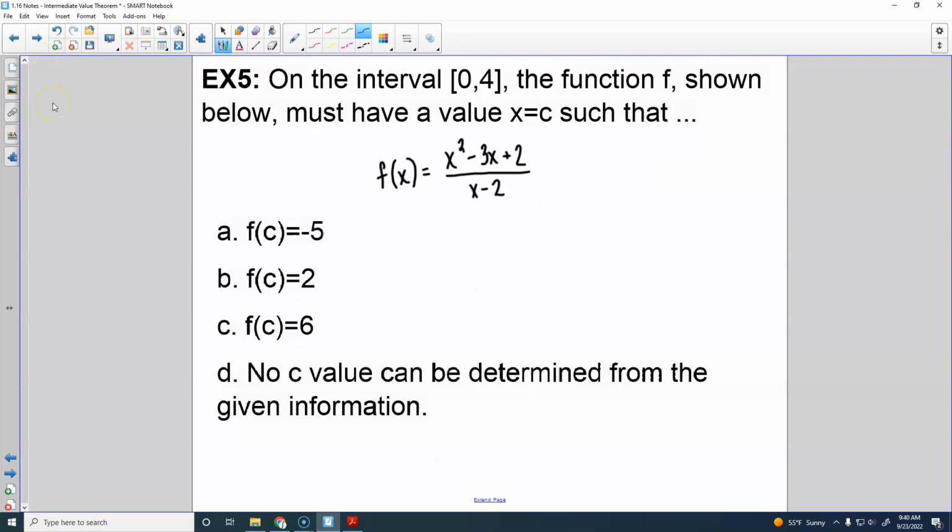Okay. On the interval from 0 to 4, the function f shown below must have a value x equals c such that, and this is similar to that last problem we did. We need to know the endpoints. So this is certainly not calculator active. We can find this.